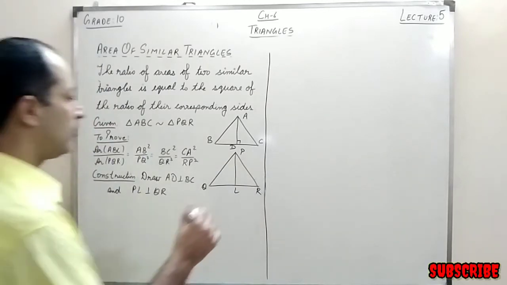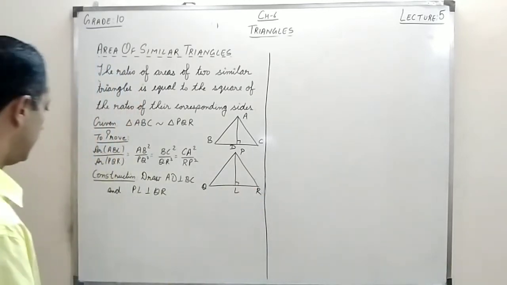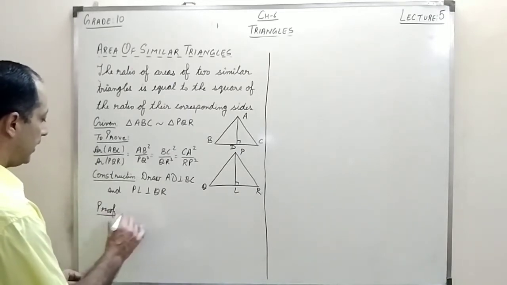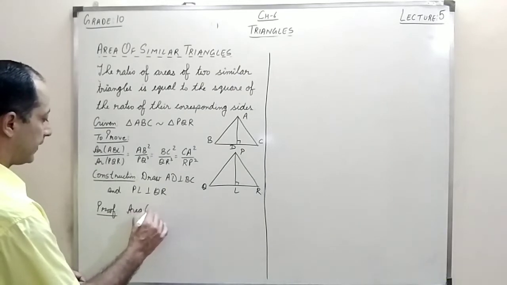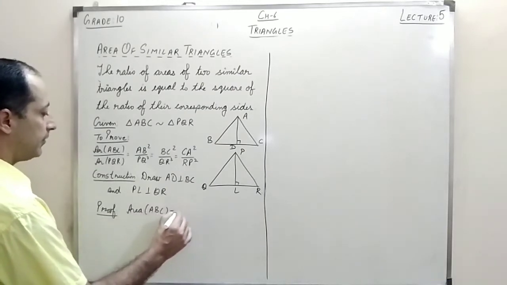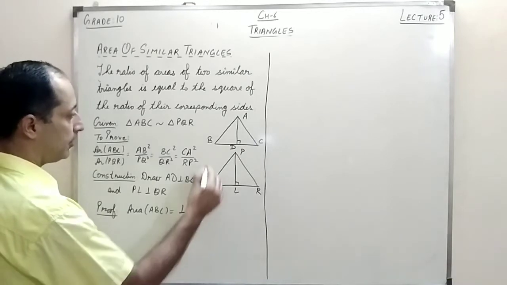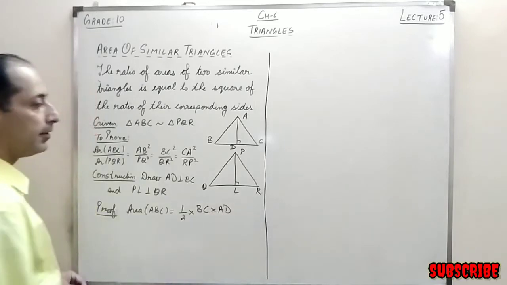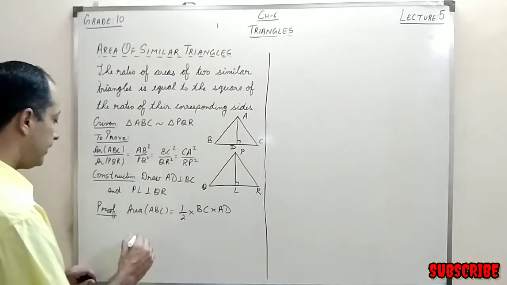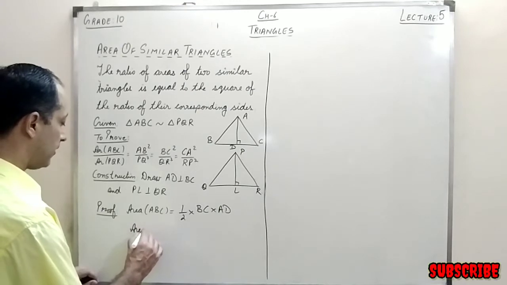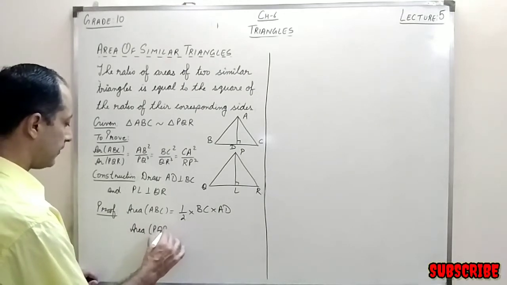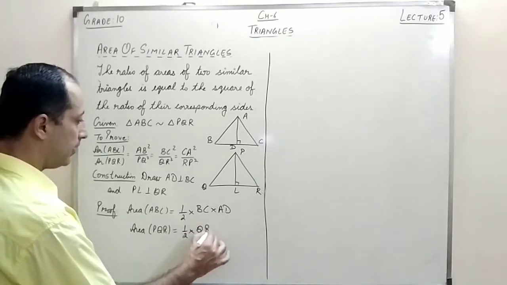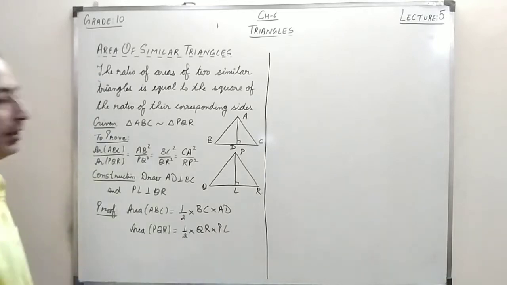Right. Now, if I have to find the area of the triangle, the area of triangle ABC would be 1 by 2 into the base, that is BC, and the corresponding altitude is AD. Right. Similarly, the area of triangle PQR would be equal to 1 by 2 into QR into PL.